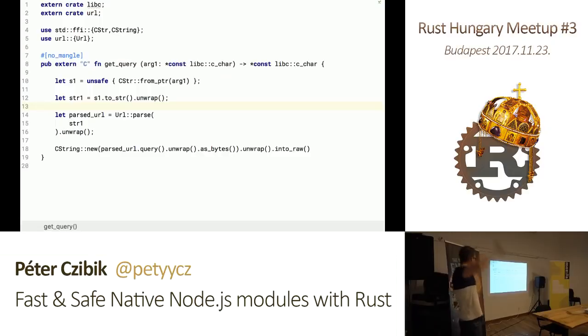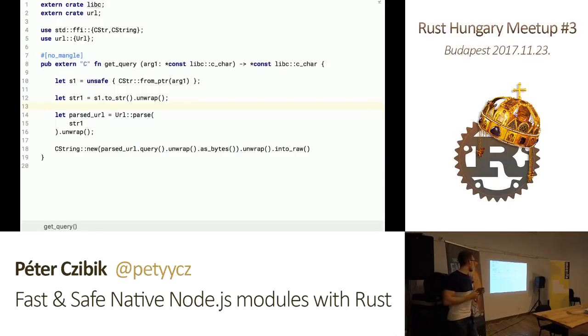We have to use no_mangle for it to keep the names and stuff like that. And if you look at the top, we have to use the libc crate, which is used to access C types, like over there.